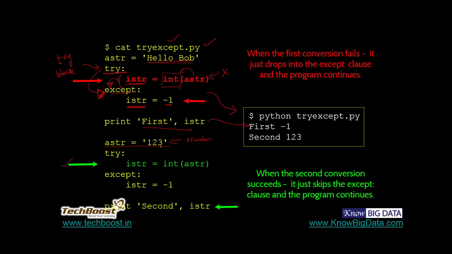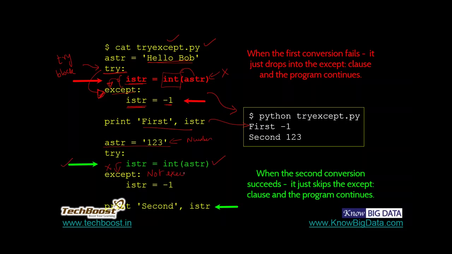So in this input, this particular conversion passes, and hence it does not go to the except block. Remember, the try block is executed, and if there is no error, the except block does not execute.